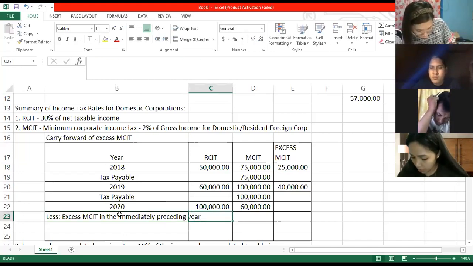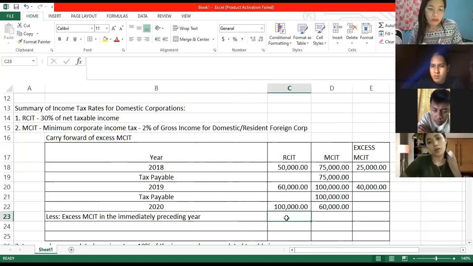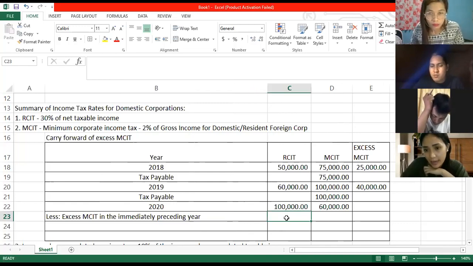So, instead na 100,000 yung total na babayaran ng taxpayer, hindi na talaga 100,000 kasi merong mga excess previously. Teka muna, balikan natin yung principle.